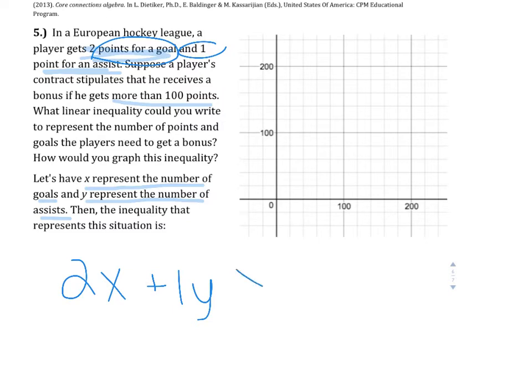And we want those points to be more than 100. So we're setting up the inequality: 2x, because x is the goals and each is 2 points, plus 1y, because that's the points for the assists, and y represents assists, is greater than 100.